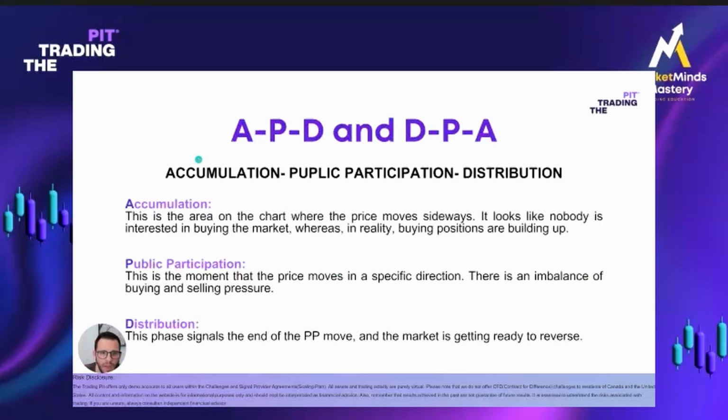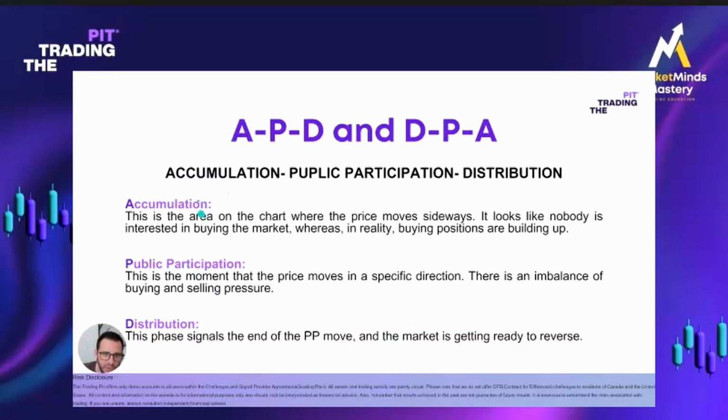So next one, what is the APD and the DPA? It's something you need to pay attention to in order to understand how the market operates, and where you can fit your trading plan, under which market conditions, market parameters and market behavior.